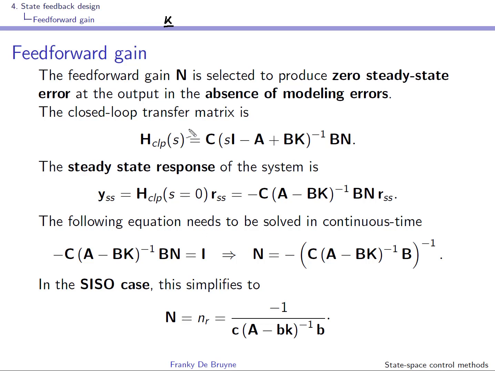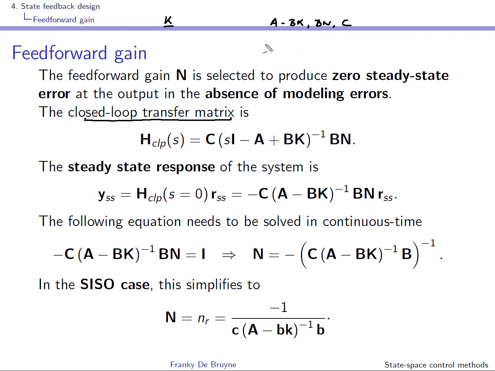So what we'll do is obtain the closed loop transfer matrix, and we have just seen that the realization in closed loop is A minus BK, then BN, this is the new B, and C, right?